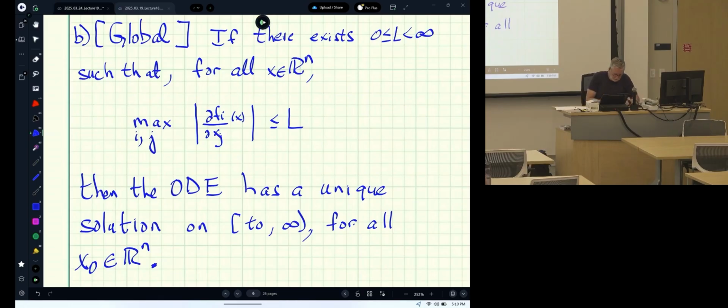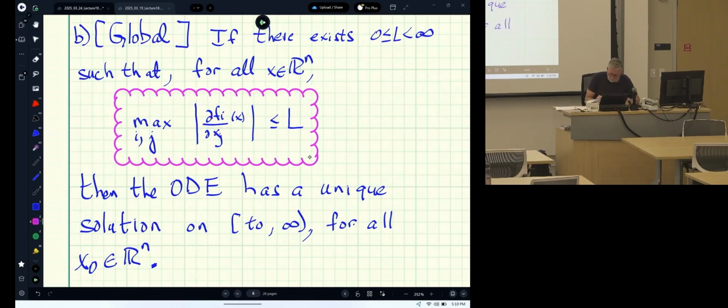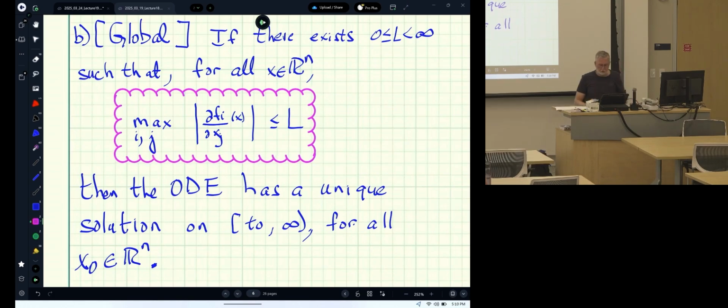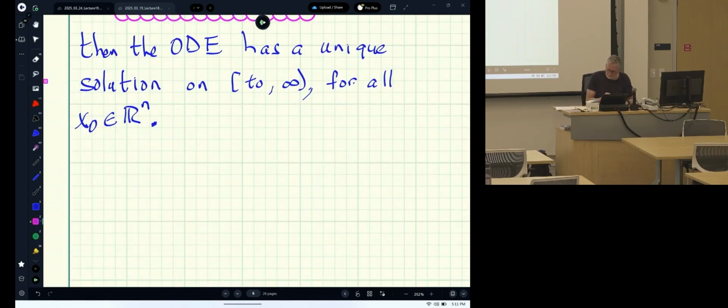Okay, so I imagine it's going to take us a little bit of effort to understand this condition, but the main thing is its power lies in the fact that we don't need to solve the ODE to test this condition. We just need to have the model. We calculate first derivatives, and if we can bound them, then we get global existence and uniqueness of solutions.